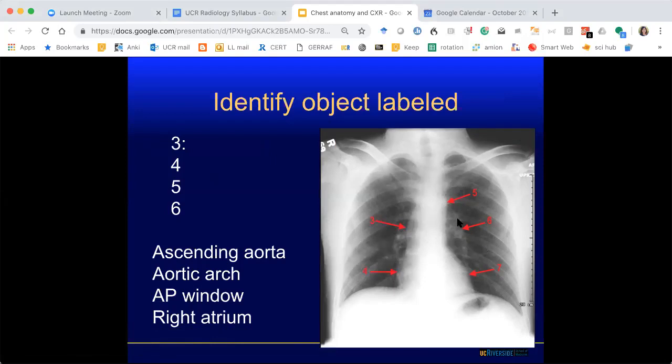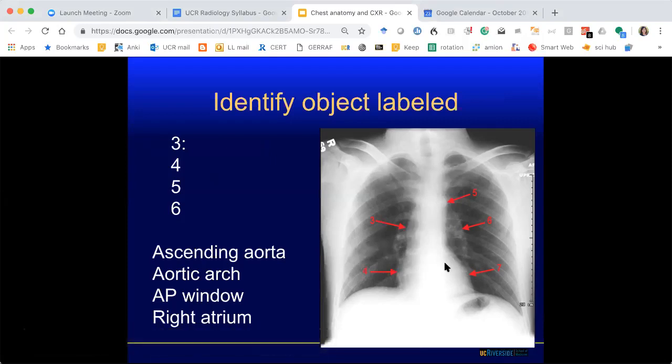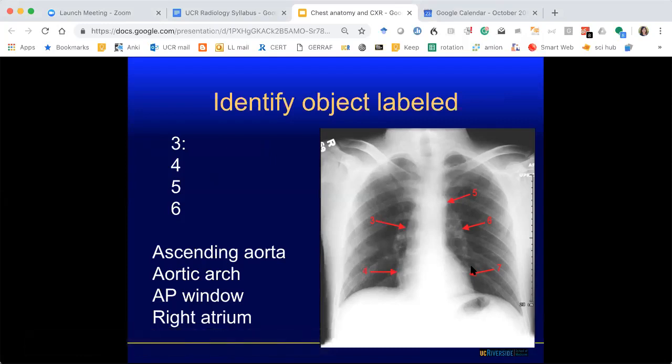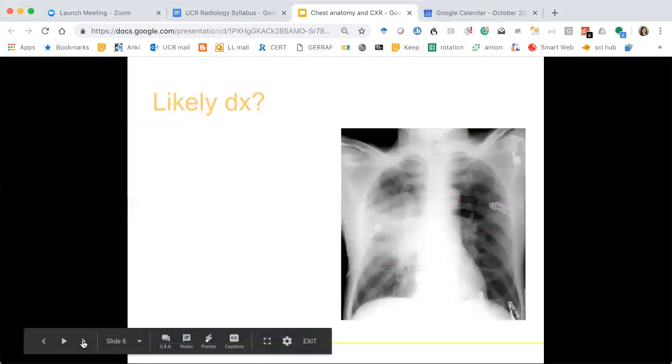And 6 and 7? 6 is? AP window. And then number 7? Any guesses for what you think number 7 is? Left ventricle, okay. Any other guesses? I guess we don't really have a good response for that here. 7 is not part of the question.